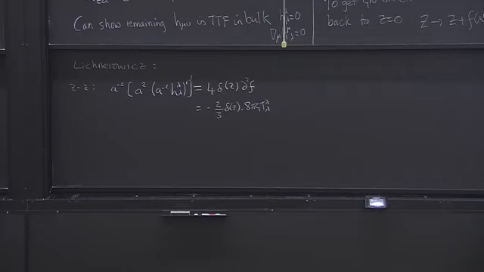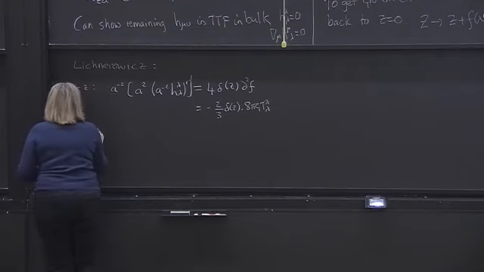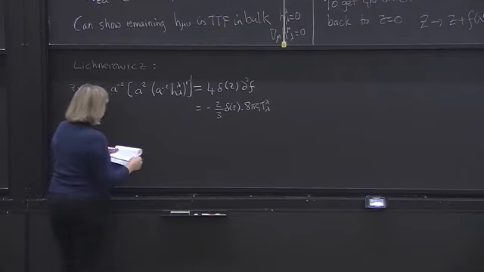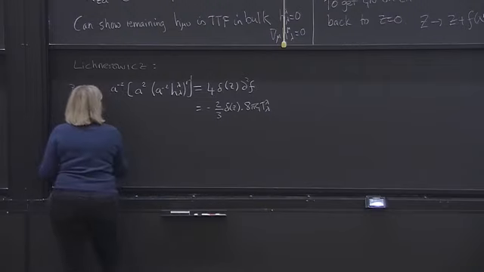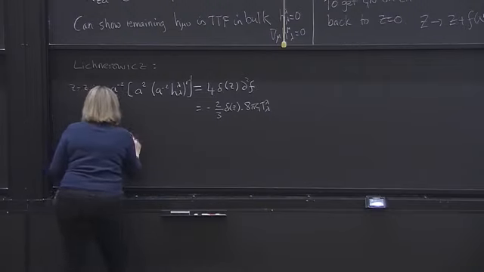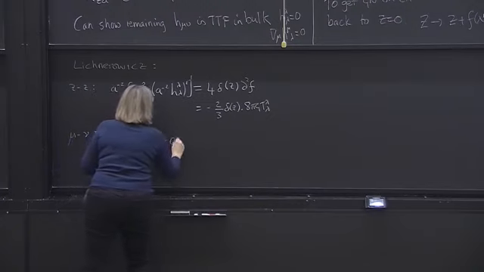All I'm left with is D squared of F. So that, by Lichnerowicz, is equal to the trace of the energy momentum tensor. And then you can find that the cross term equations are satisfied. And what you end up with is an equation for H_mu nu.